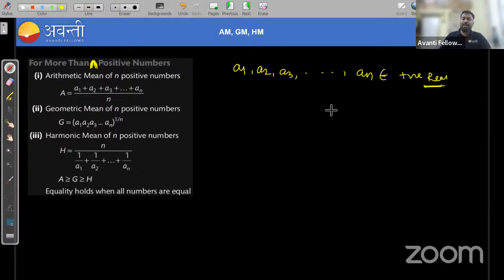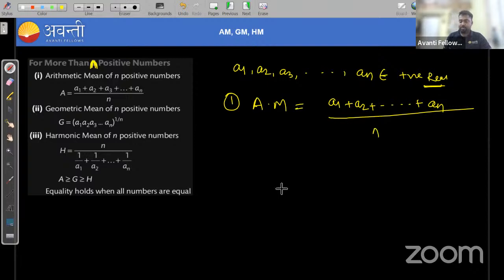Now if I ask you the formula for arithmetic mean, it will be A1 plus A2 plus up to An, the sum of all the given terms divided by the number of terms. This is the arithmetic mean for n positive numbers.